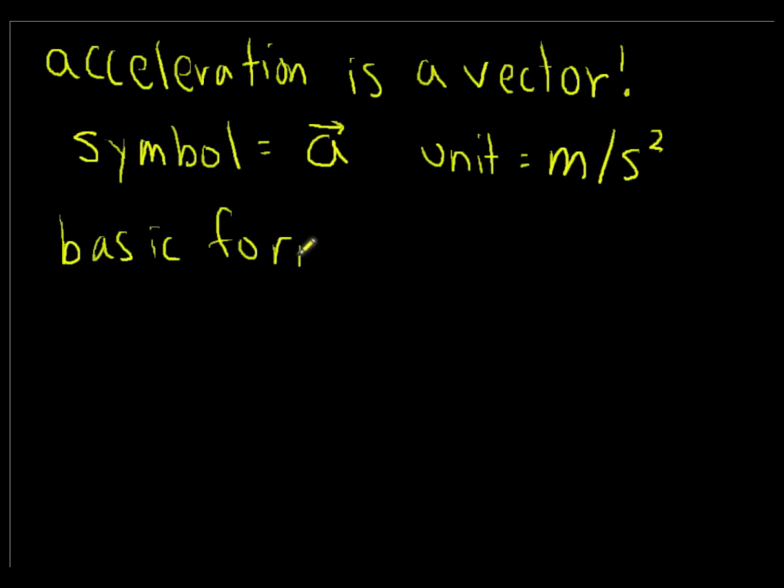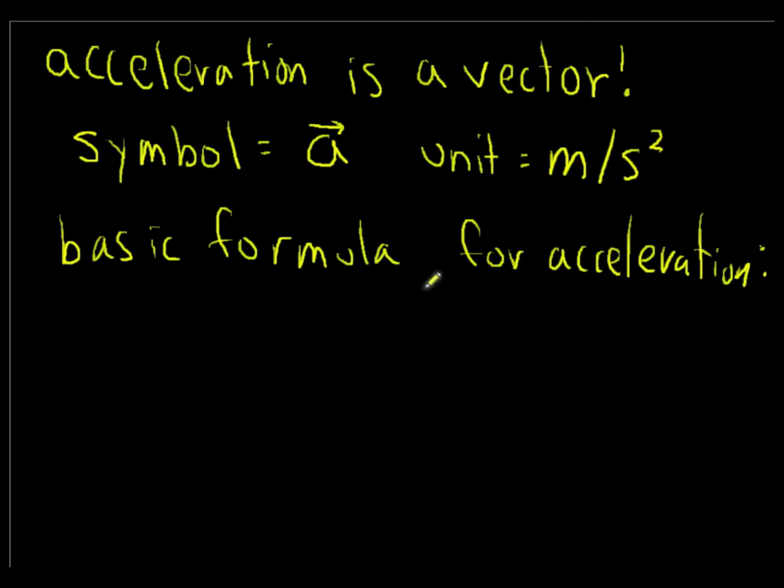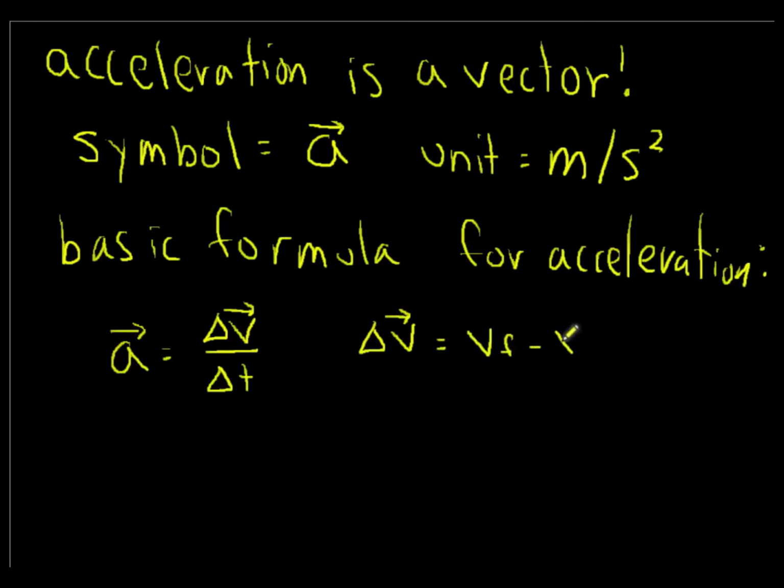The basic formula for acceleration, and I say basic formula because there's several others that also include acceleration that you're going to learn in a lesson, is a equals delta v, or change in v, divided by delta t, or change in t. Change in v is equal to vf minus vi, where vf is equal to the object's final velocity, the velocity it ends with, and vi is the object's initial velocity.